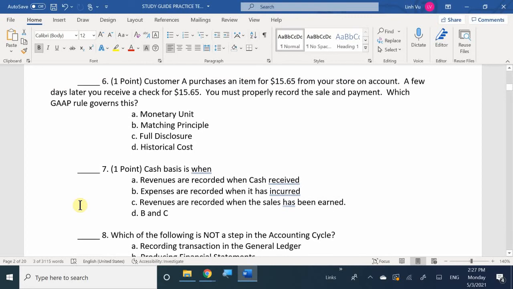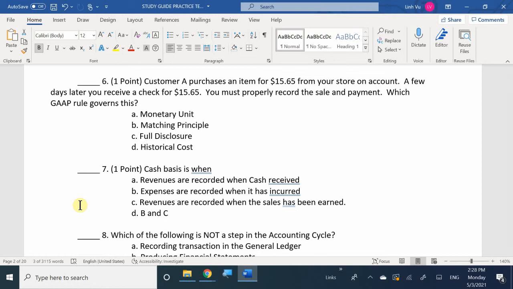Number 7. Cash basis is when? It's recognized when cash is received. Good. What else? Expenses are paid when cash is available to spend. Good. So therefore B and C, this is cash basis.